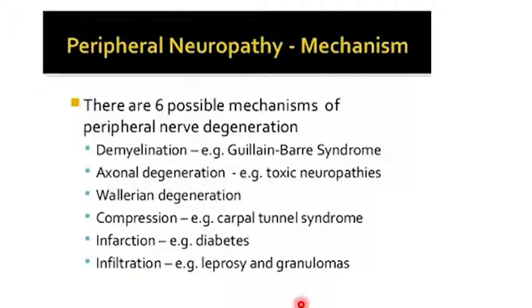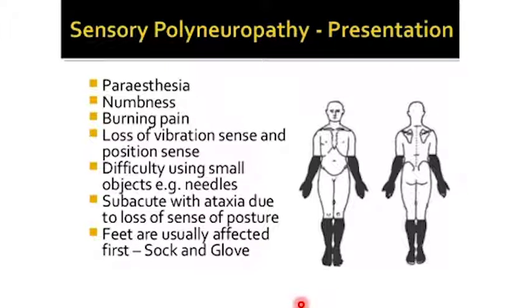But in stocking and glove presentations, you need to look for other metabolic causes. You get it in metabolic causes, or infective causes, or toxic causes. Inflammation tends to give you a bit of asymmetry, but GBS creates symmetry.